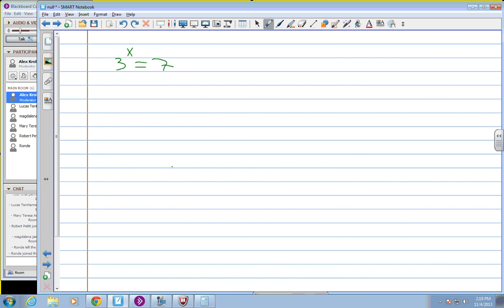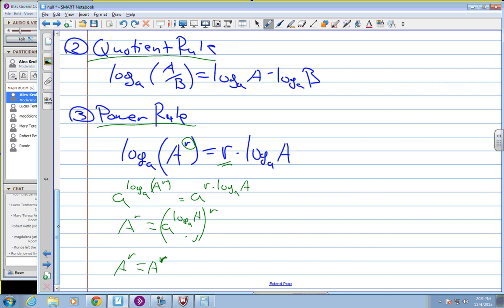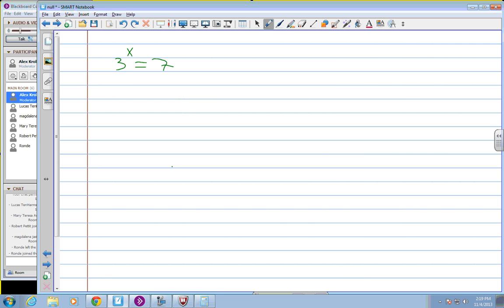And then I look at my law number 3, the power rule, that shows me that if magically a logarithm appears in front of an exponential expression, then the exponent falls out, right? Now, this log is really a free log. There are no conditions on the base A, so I can make that base anything I like. Since my calculator is very limited, I can flip a coin between base 10 or base e.